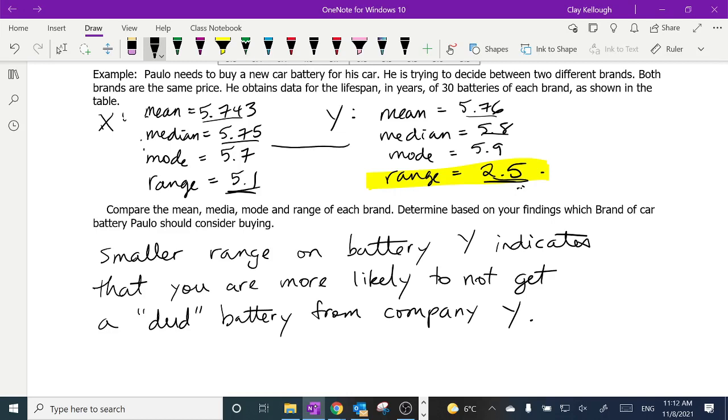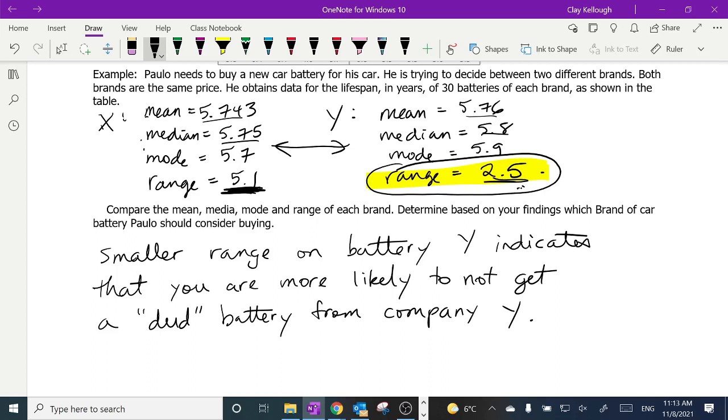They're just too close to call between these two battery brands, but the measures of dispersion, the range, and what we're going to learn later, the standard deviation, mean that I would rather buy battery Y. I'm more likely than not to get a good battery, whereas from X, the fact that this range is more spread out means that there are at least some batteries in my block of 30 batteries that were tested that were really low and a long way from the mean.